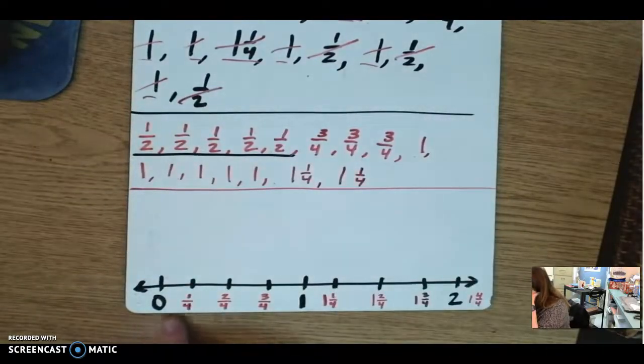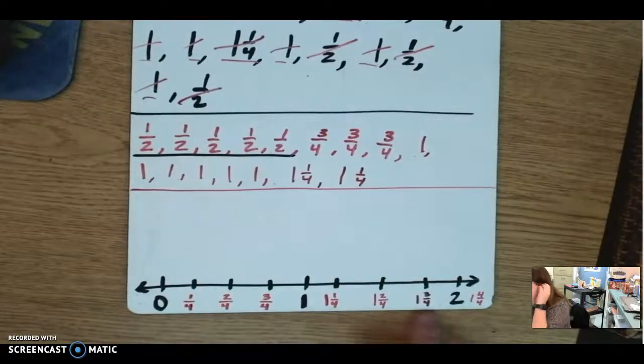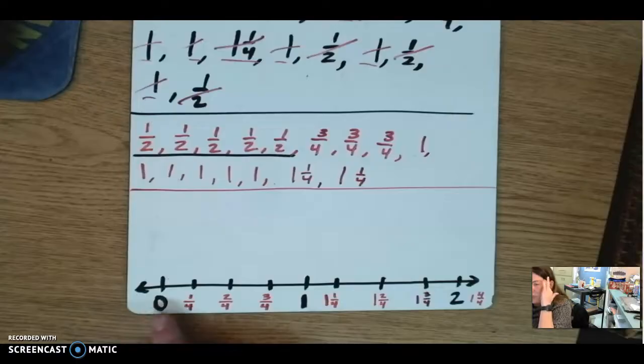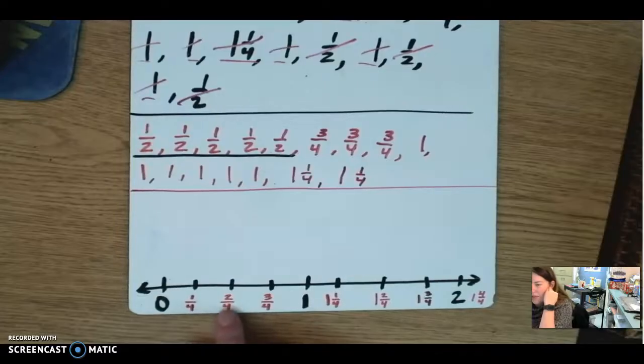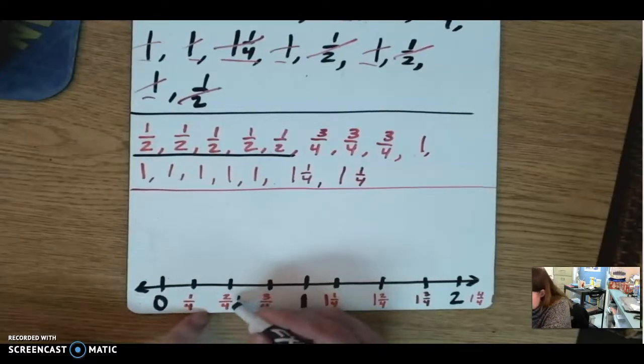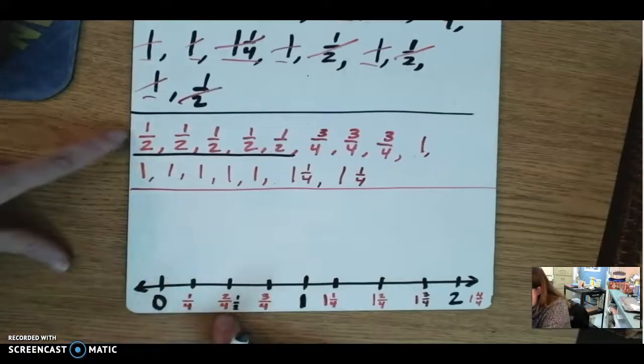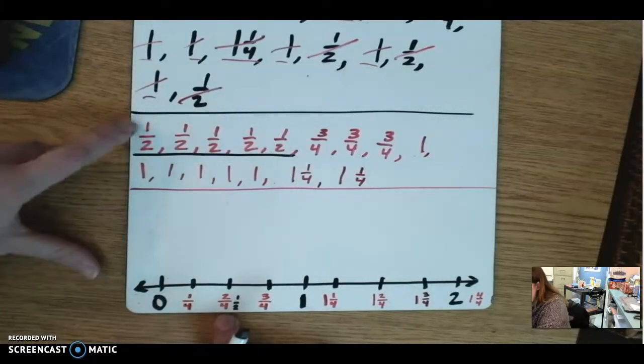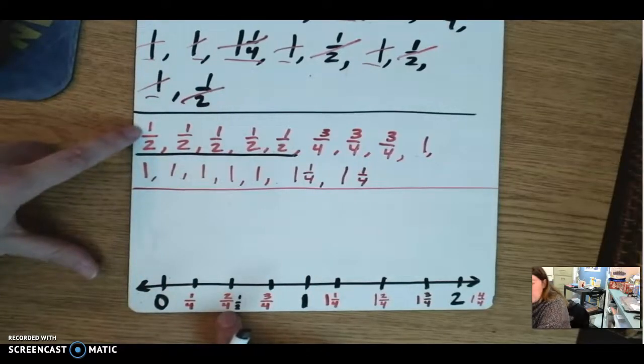Now none of these technically say 1/2, but one of my fractions is equivalent to 1/2. Which one of these fractions is 1/2? I should know it's exactly halfway between 0 and 1. What's exactly halfway? 2/4. That's the same as 1/2. So all of these are going to go up above the 2/4 line, or the 1/2 line.